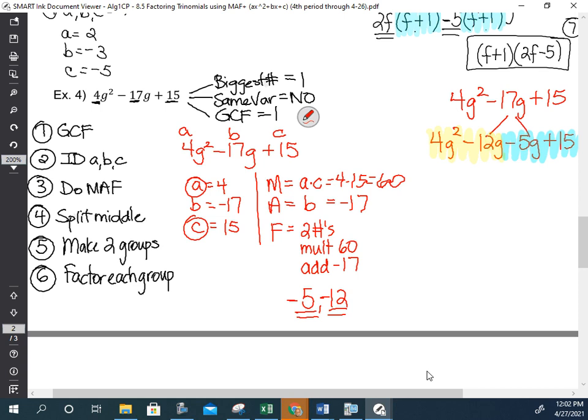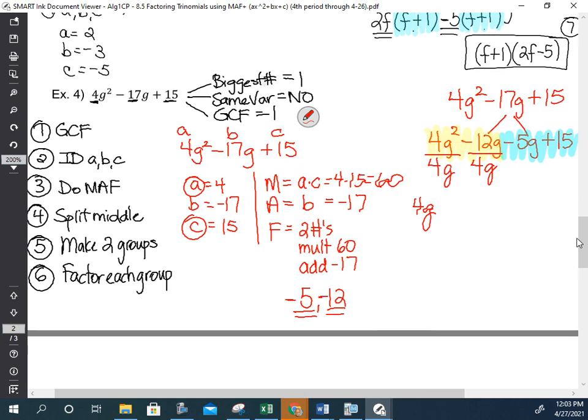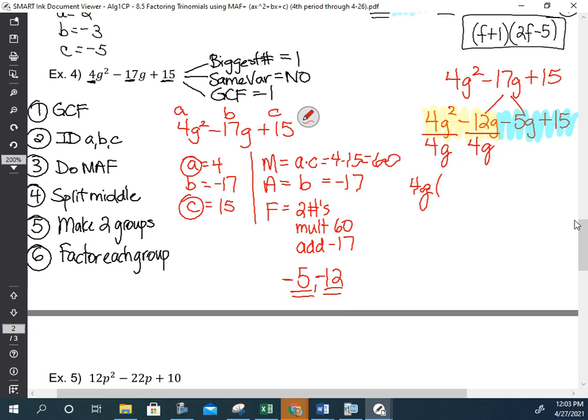Biggest number is 4. They both have a variable, same letter. Take out the same letter. If you're stuck, you let me know. Remember what I talked to you about yesterday? You take out 4g. You're left with g minus 3.